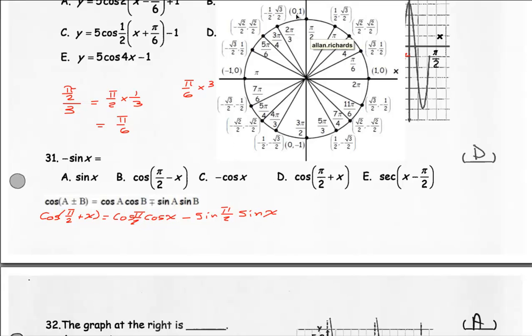Well, what's the cosine of pi over 2? Cosine of pi over 2 is 0. So basically, this is 0 times the cosine of x minus, now the sine is 1. The negative comes from this negative here. So the sine of pi over 2 is this 1 here. So it's minus 1 times the sine of x, which equals negative sine x. So negative sine x is equal to cosine of pi over 2 plus x. So that's why D is the correct answer for number 31.